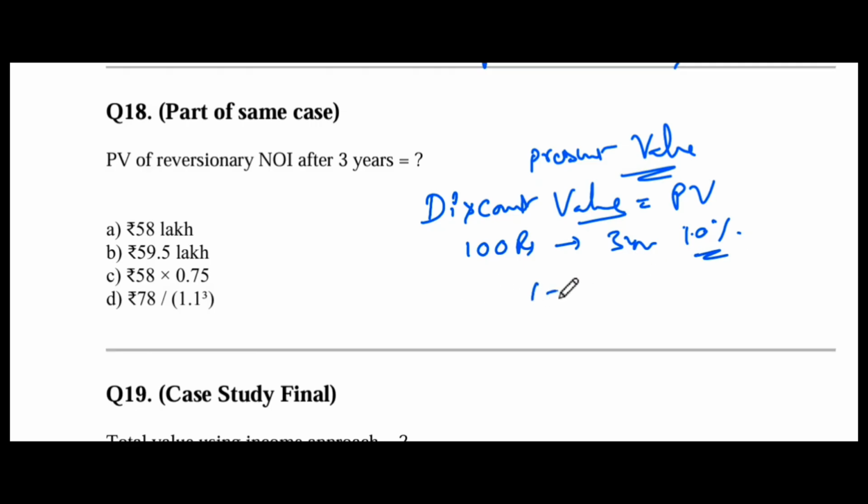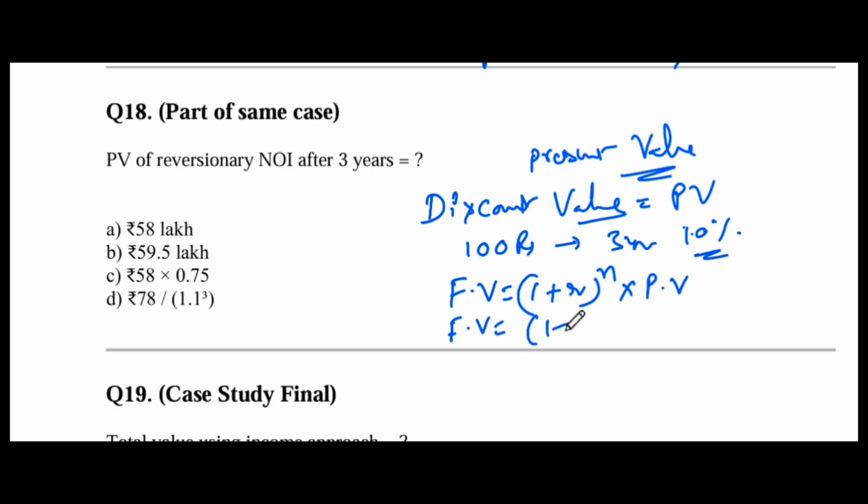Simple formula, right? Future value will be 1 plus R whole power N into present value. So what will be the future value?